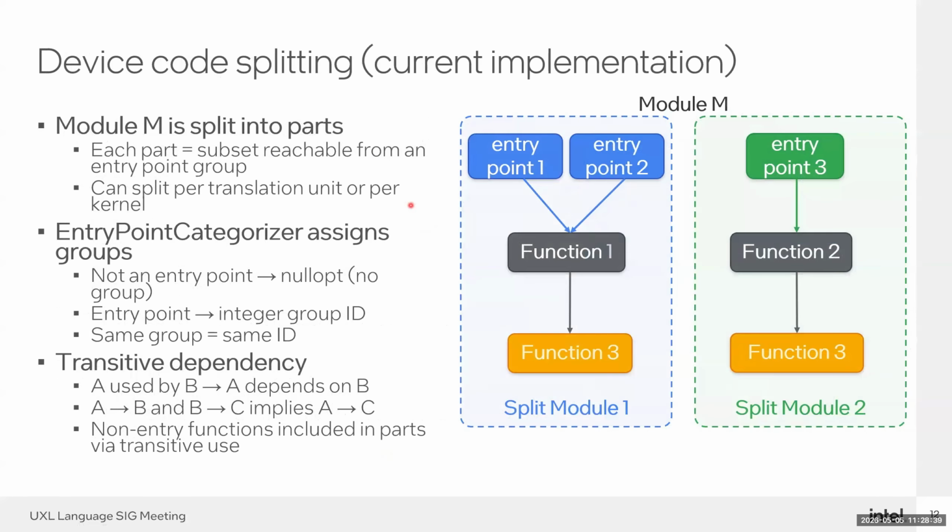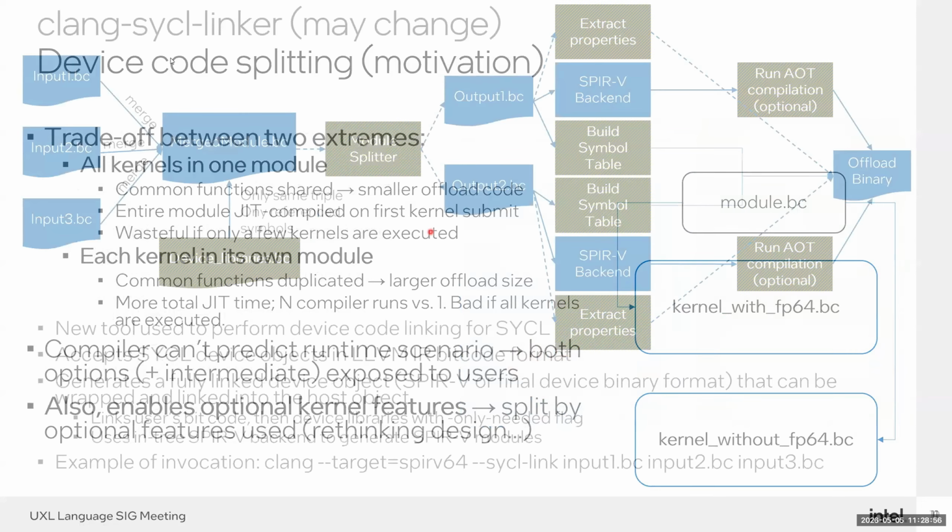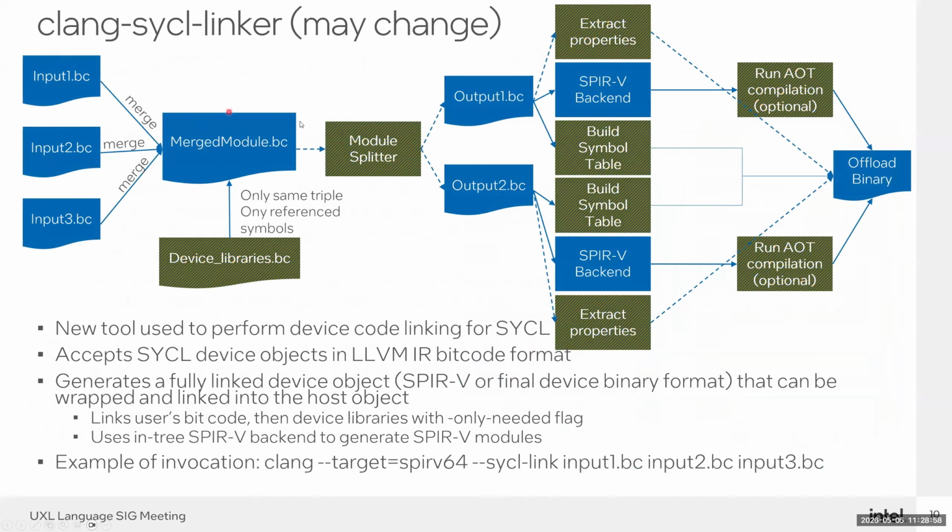What's currently missing here is that the Clang SYCL linker doesn't call device code splitting. Currently, the Clang SYCL linker just merges all input bitcode together into a merged module, links in device libraries, and then goes directly to the SPIR-V backend and then to the offload binary.